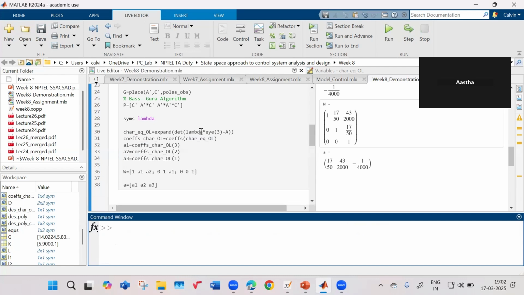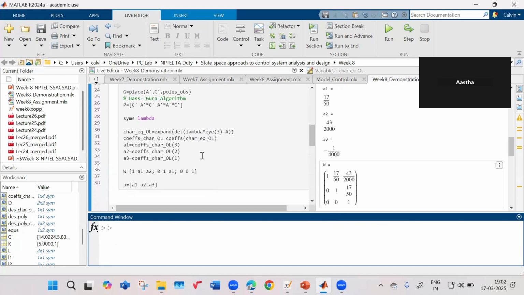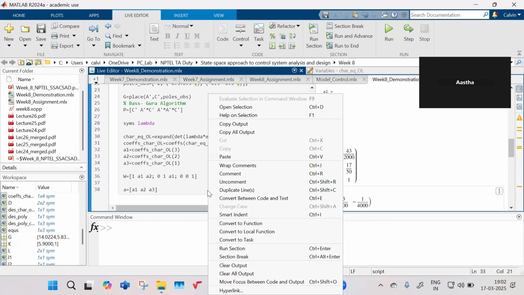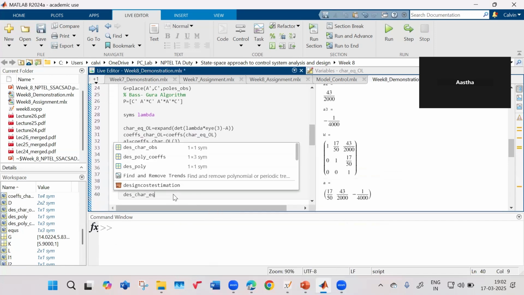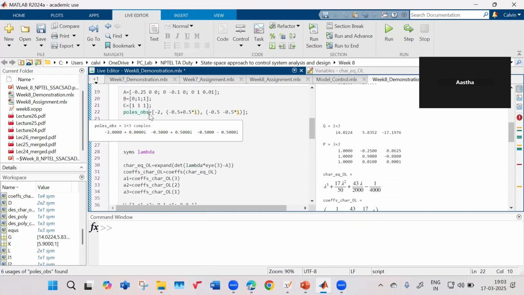Now we have to find what is our desired characteristic equation. So our desired characteristic equation is given by lambda minus the poles.